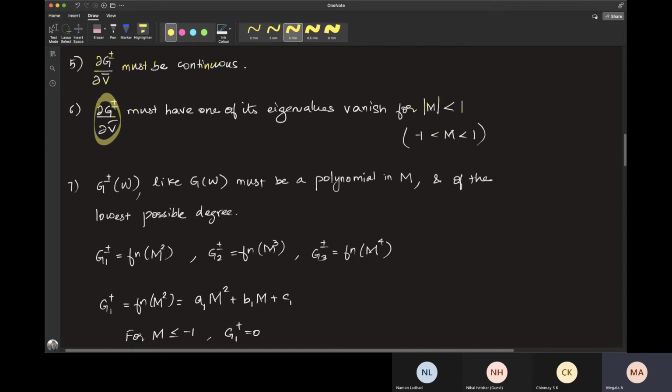That is, the eigenvalues of his flux Jacobian matrix must also have one of the eigenvalues vanish for subsonic flows.